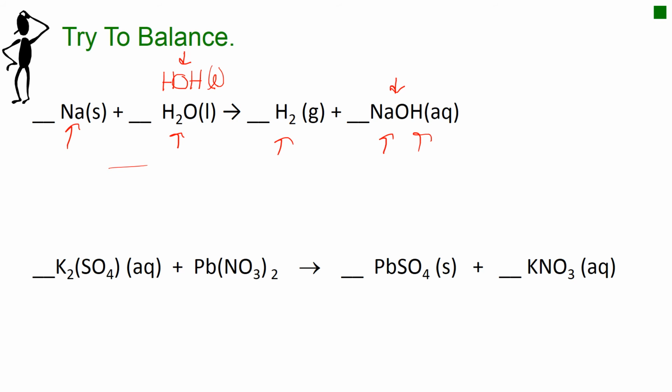So I'm going to take this here and write HOH and put that there, just to maybe help me. And if I just experiment and put a 2 here, that gives me 2 OHs and 2 Nas. So I can put a 2 here, and then if I put a 2 here, that now gives me 2 OHs in the H2O.